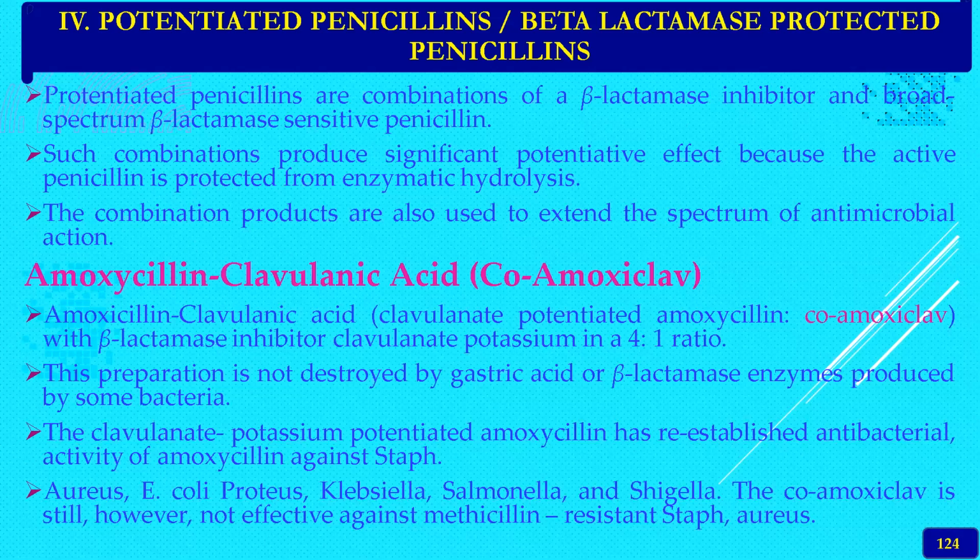Whereas the potentiated penicillins are also known as the beta-lactamase protected penicillins. The potentiated penicillins are combinations with beta-lactamase inhibitors. Such combinations produce a significant potentiative effect because the penicillin is protected from the beta-lactamase enzymes.